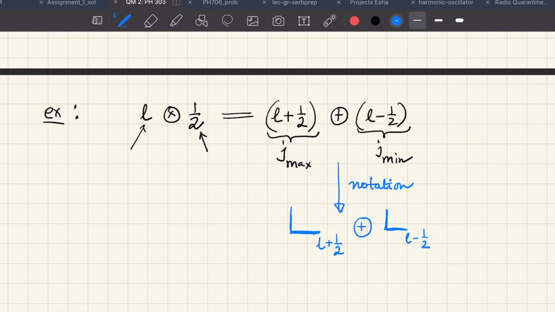And again, remember, we have introduced this capital L as a function of small l. That means small l equal to 0 is your s orbital. Capital L for small l equal to 1 is giving you the p orbital, like that.